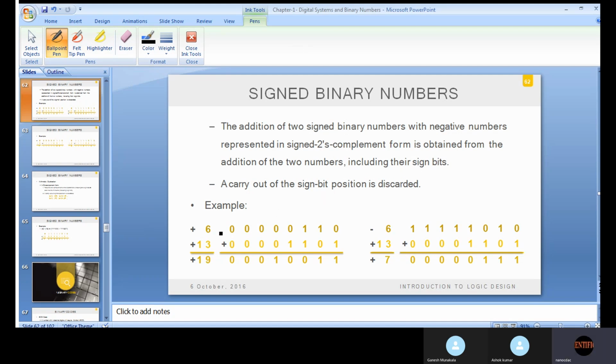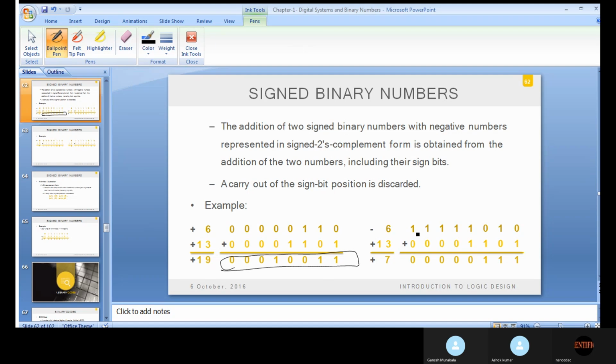If we are taking 6 and 13, both are unsigned, so we'll get 19. Normal addition gives 19. Now suppose -6 plus 13, which will be equal to +7.